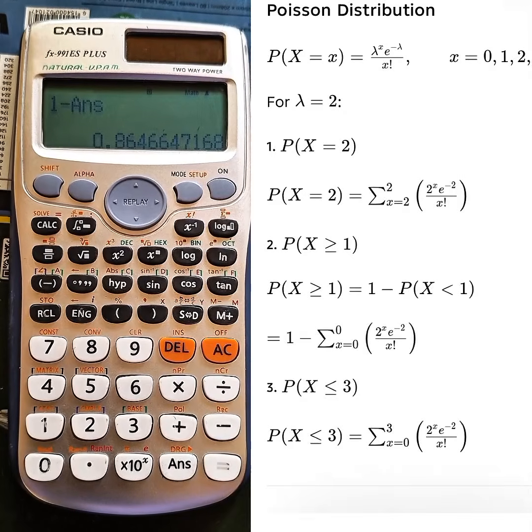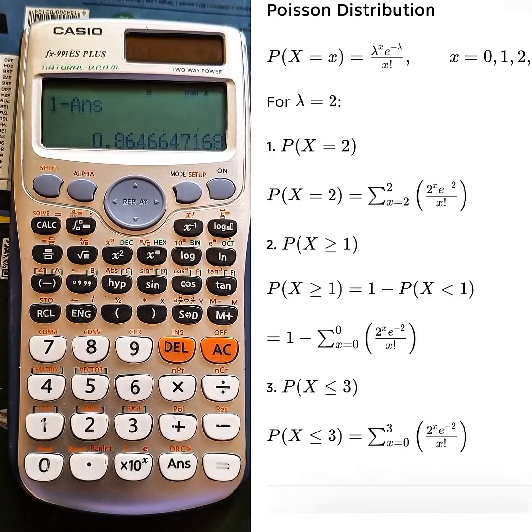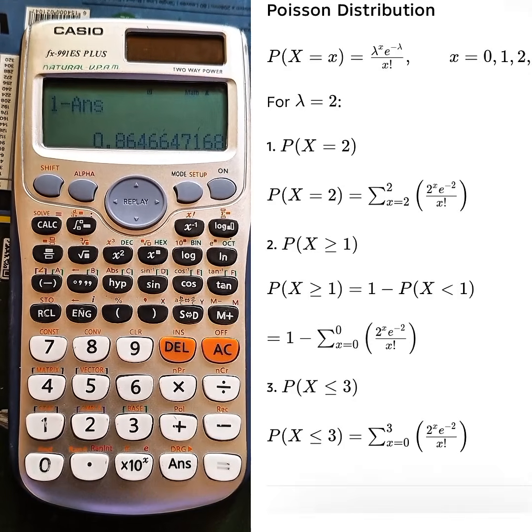That is how to calculate the Poisson distribution for at least one person. Because x starts from 0 to infinity, to get at least, we subtract from 1 the probability of x less than the value given.